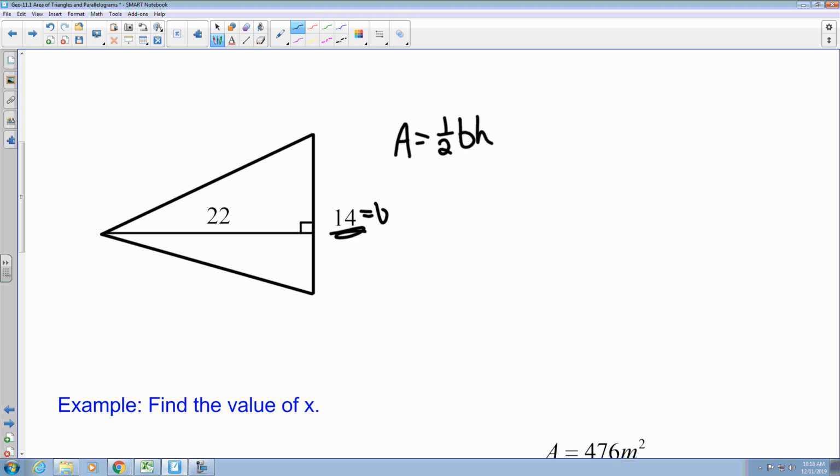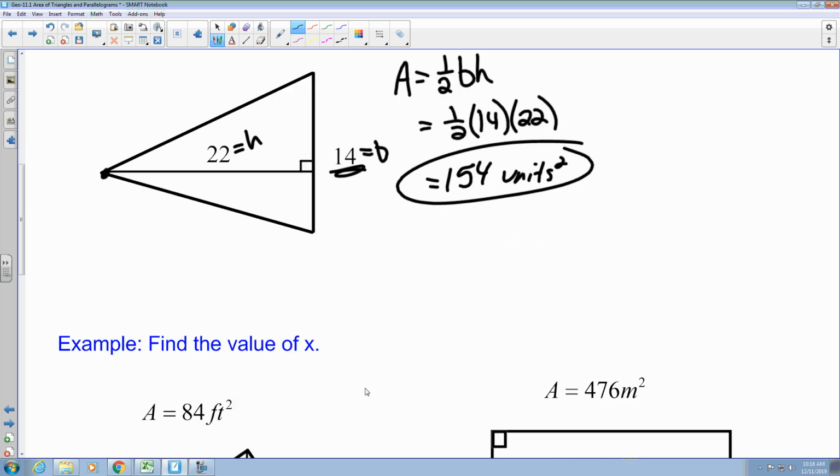This is our base because this line that is inside the triangle is perpendicular to that opposite vertex, so that's going to be h. So here it's going to be 1/2 base, which is 14, times the height, which is 22. When you multiply all those together, you get 154 square units.